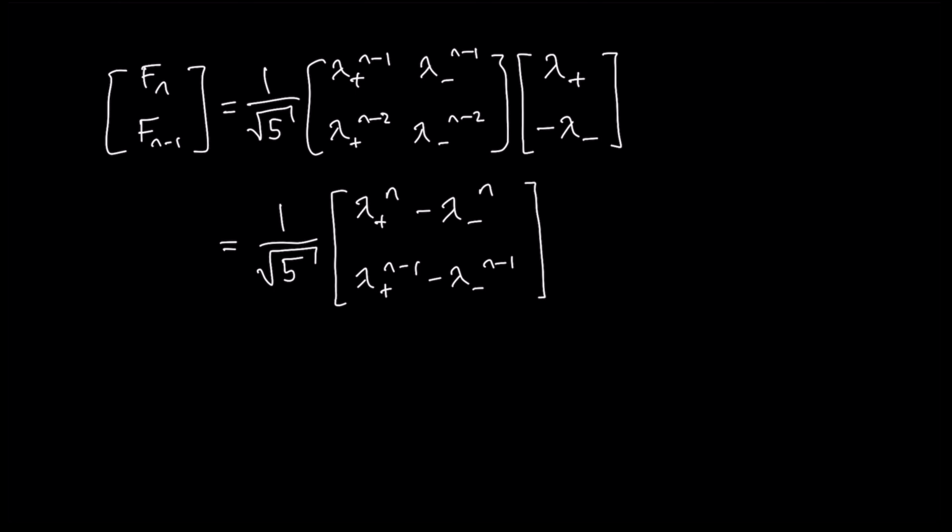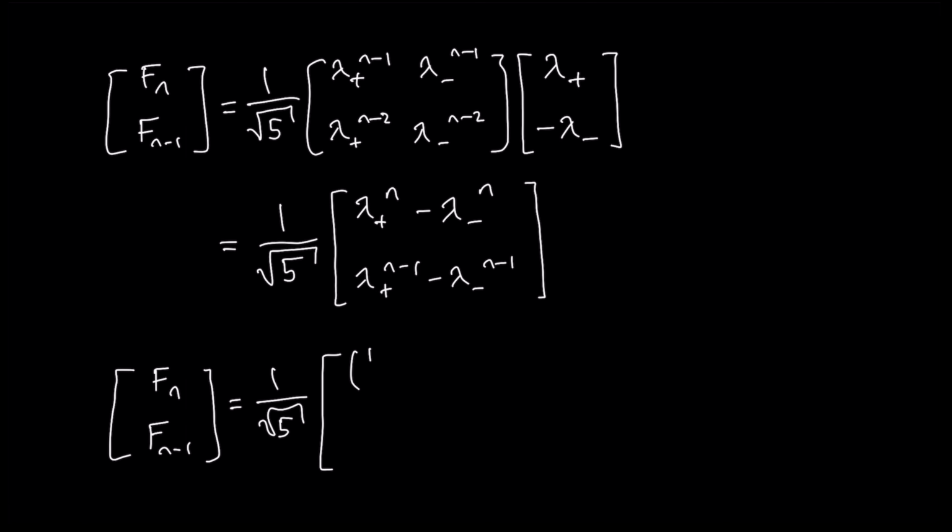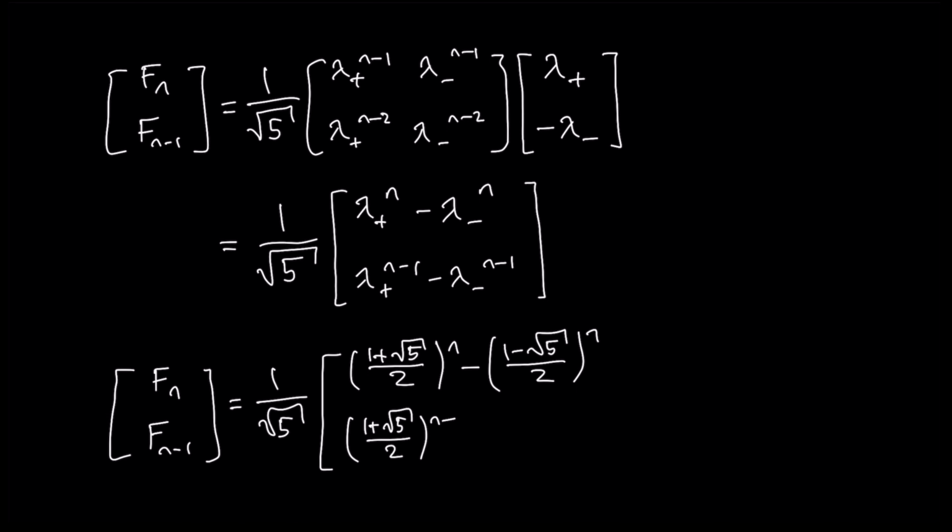And if we rewrite this, subbing in our lambda plus and lambda minus values, which we only kind of used for a bit just to make it easier to write out, we get that fn minus 1 is equal to 1 over the square root of 5 times this other column vector, which is 1 plus square root 5 over 2, that's our lambda plus, to the n, minus 1 minus the square root of 5 over 2 to the n, and then 1 plus square root of 5 over 2 to the n minus 1, minus 1 minus the square root of 5 over 2 to the n minus 1.